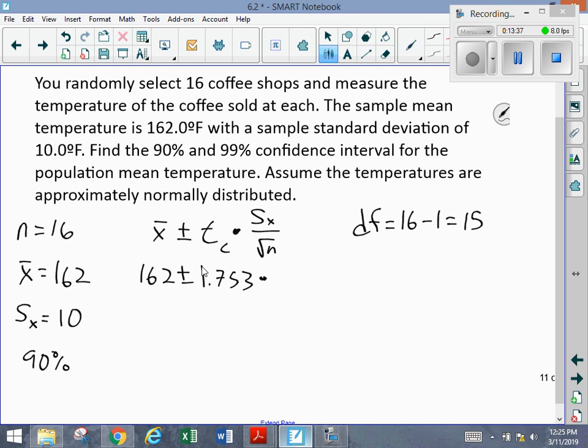Times our sample standard deviation, which is 10, divided by the square root of our sample size, which is 16.